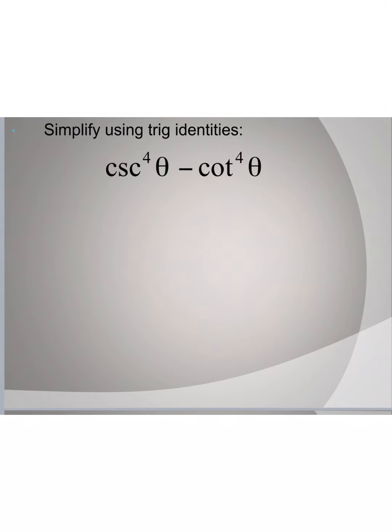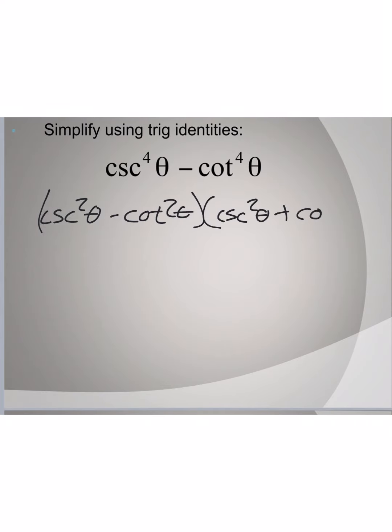All right, here we have a unique example. I have cosecant to the 4th power minus cotangent to the 4th power. I'm going to go ahead and factor this. Turns out this is a difference of squares, and I can factor it as cosecant squared minus cotangent squared. And then I can multiply that by cosecant squared plus cotangent squared.